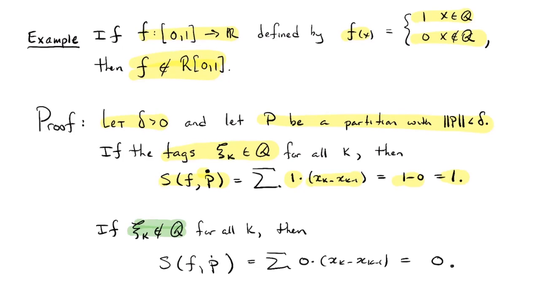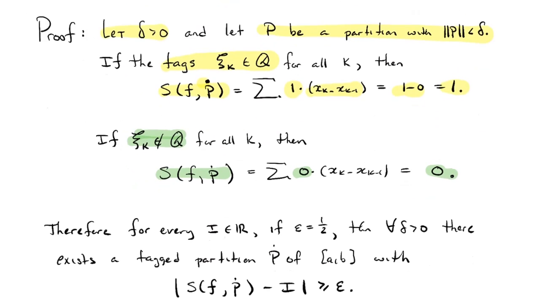Well, the Riemann sum for such a tagged partition, the output of every irrational number is zero. Zero times the interval length is zero, so that Riemann sum is going to be zero. Okay, so to recap, for any delta, if I take a partition of norm less than delta, I can find some tags that make the Riemann sum 1. I can find some tags that make the Riemann sum 0.